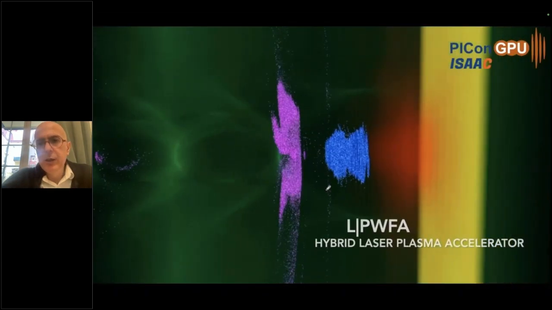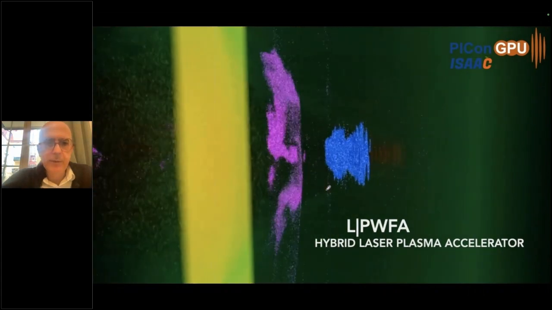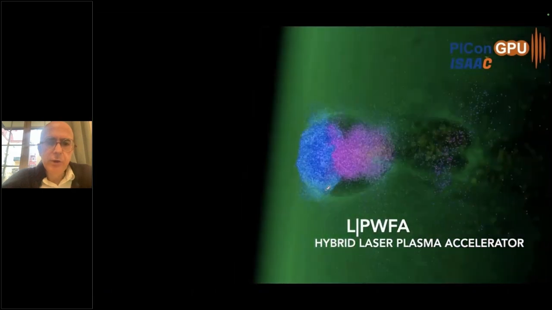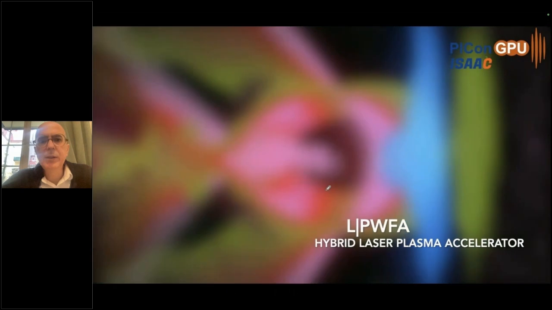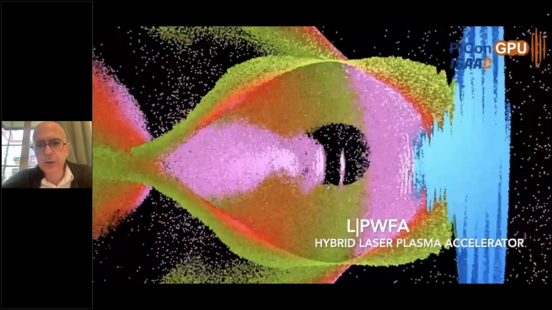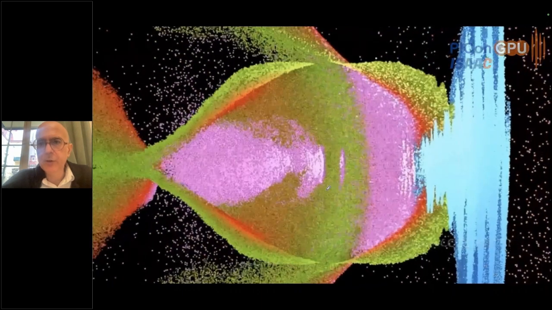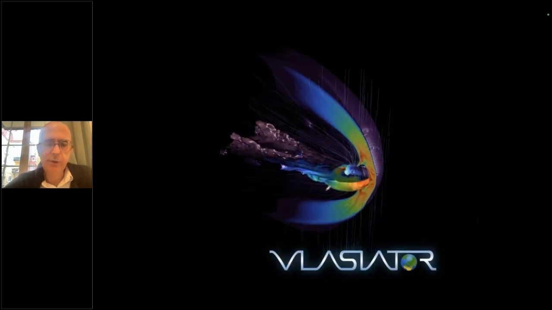So these are extremely computationally intensive simulations that require accelerators. I also want to showcase here some advanced data analysis and the in situ data technology that you see here. So many of the results you see here you can actually get at runtime using in situ visualization and data analysis technology. That was PIC on GPU, particle in cell.